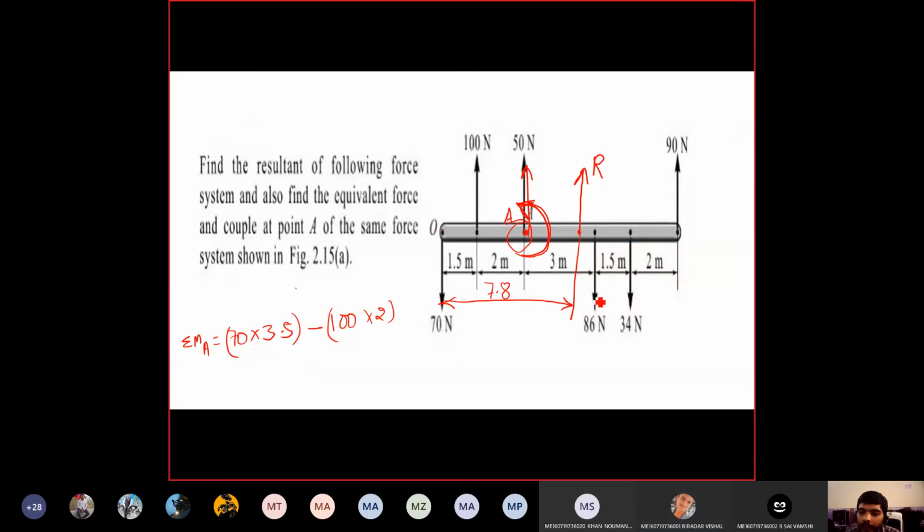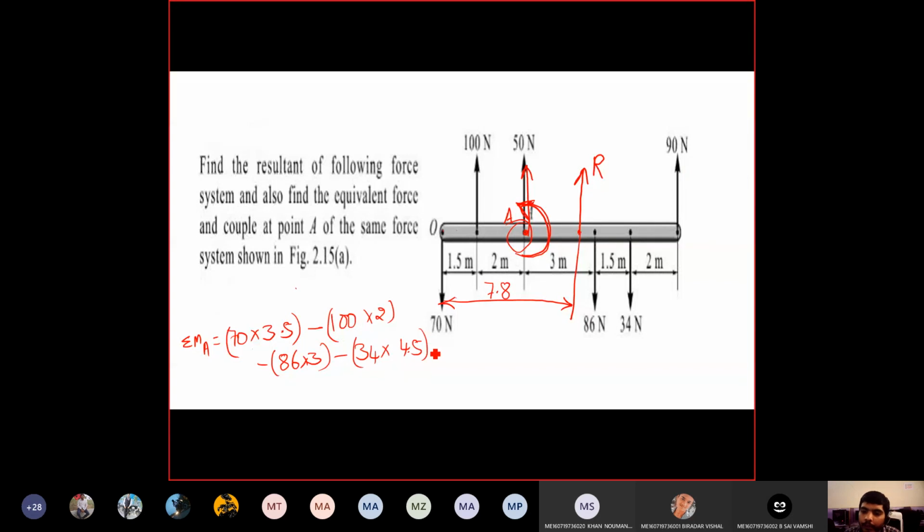What about this one? 86 into this distance is how much? 3. Clockwise or anti-clockwise? Clockwise. Again negative. 86 into 3 meters. Next, what about this 34? It is also clockwise. 34 into 4.5.